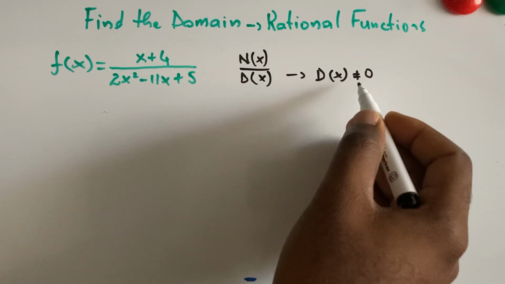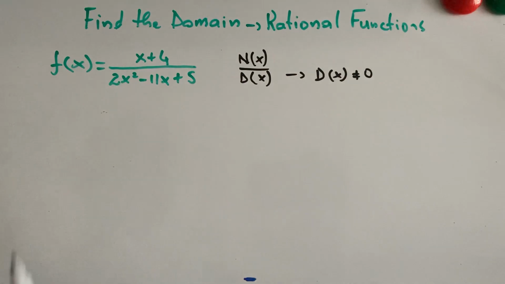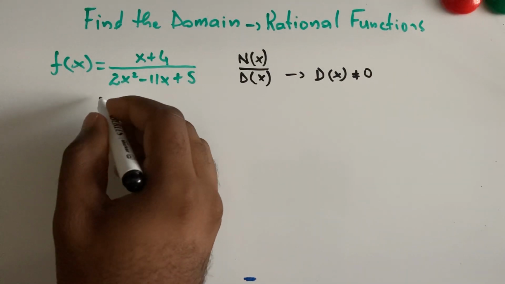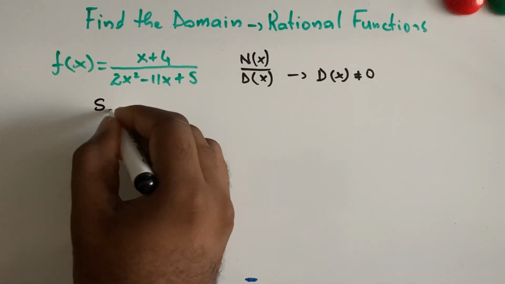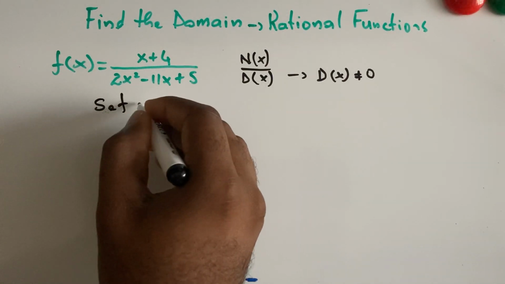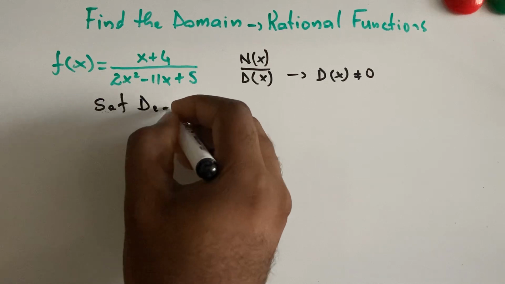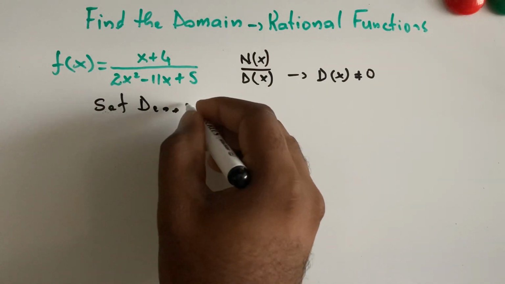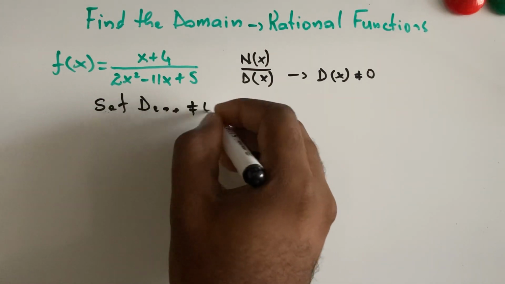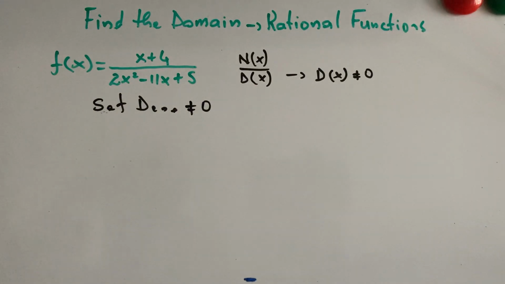It cannot be 0, right? So anytime you have a rational function, in order to find the domain, you just need to set the denominator to 0, not equal 0, because you don't want it to be 0.